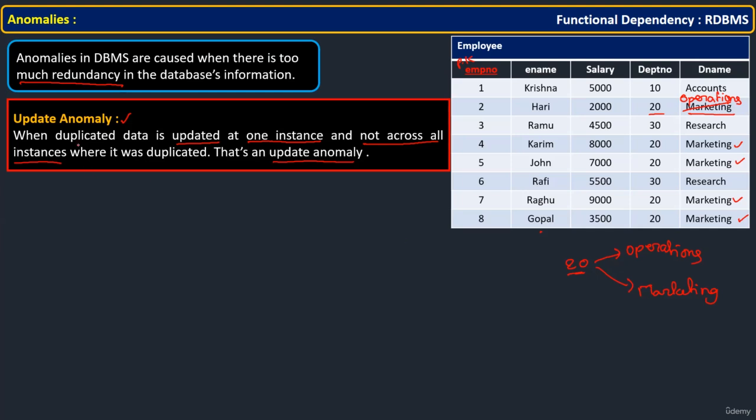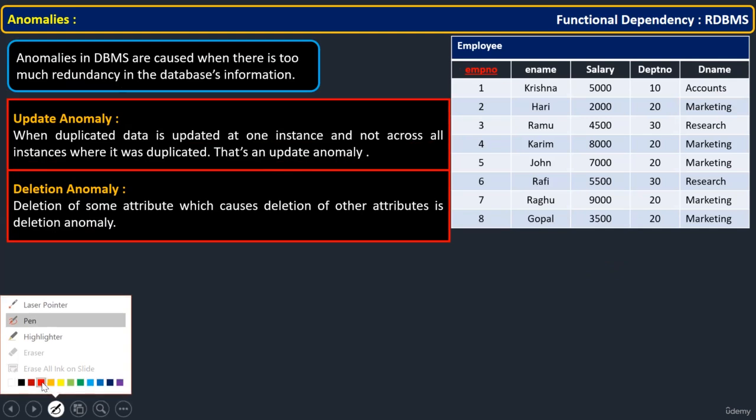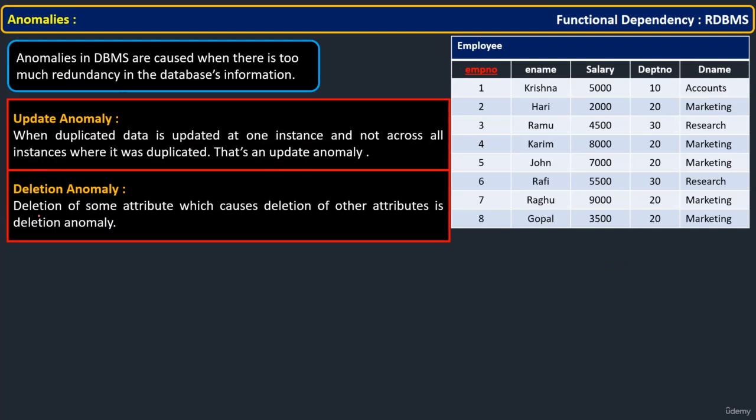Now let us try to understand another anomaly, that is the deletion anomaly. This is really very, very important. In the deletion anomaly, for example, deletion of some attributes causes deletion of other attributes. Here you see the employee number 1, his name is Krishna.